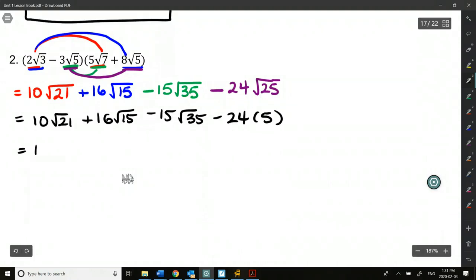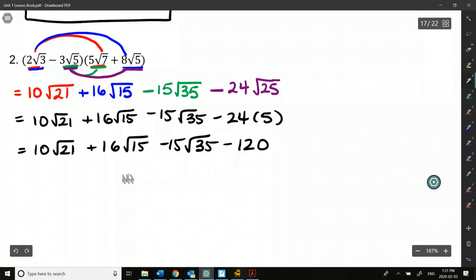Okay, is there anything else that needs to be simplified or no? No, I don't think any of these have perfect squares inside of them. So what do we get here? Negative 120? Okay, and are there any roots that we can add together? No. So we're done here.